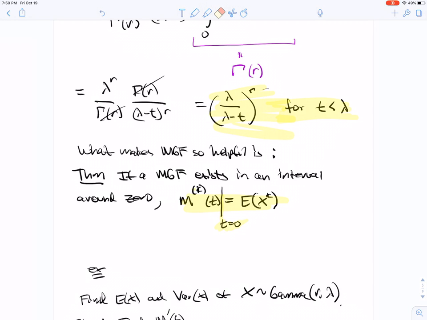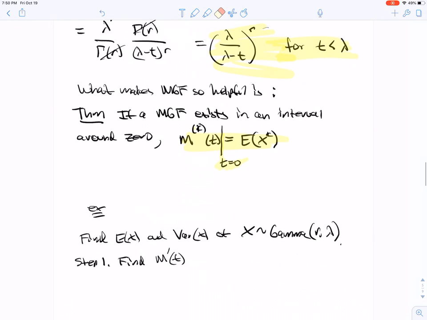The reason we need the moment generating function to be defined on an interval containing 0 is because I'm taking the derivative at 0, so the moment generating function has to be defined not only at 0 but around 0.